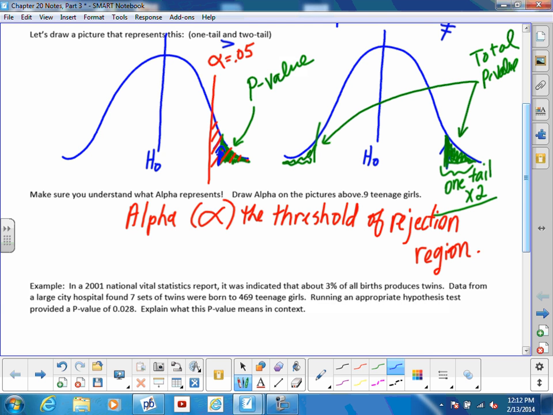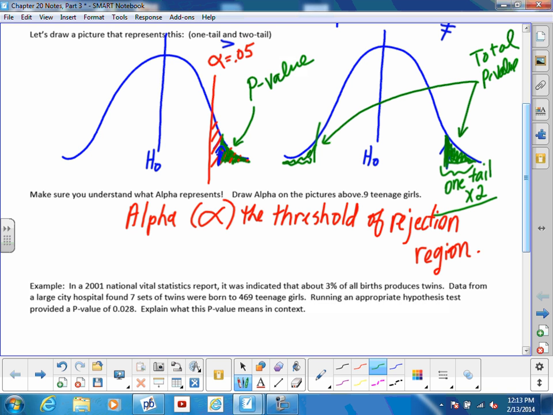Here's another way of thinking about this. Look at the size of this p-value, which is in green. Compare it to the size of the entire alpha. What is the relationship between those two? The p-value is actually smaller than alpha. And see, if the p-value is low, the null has to go.